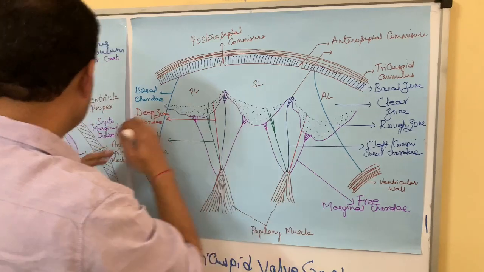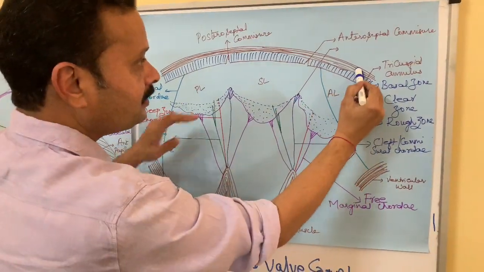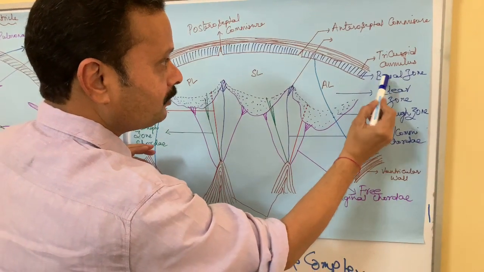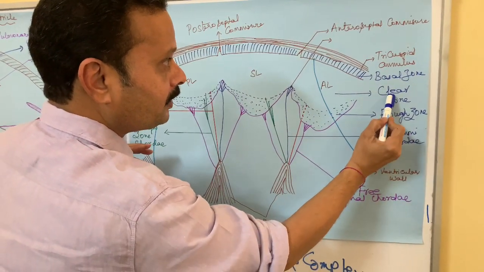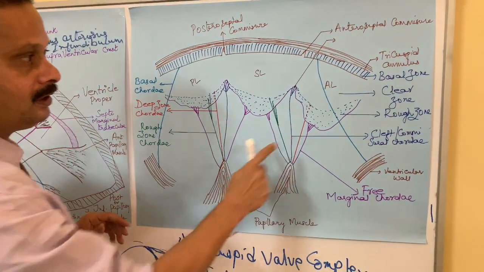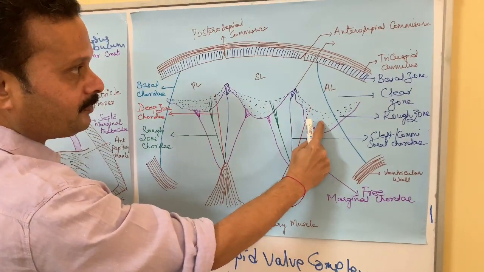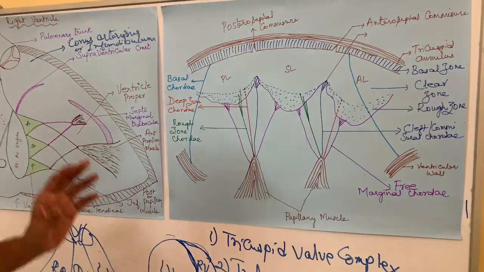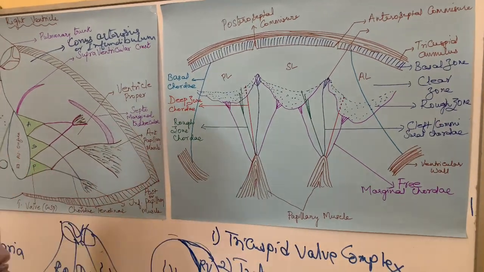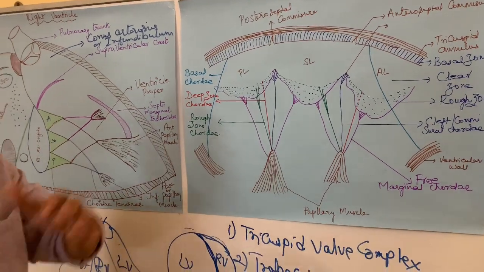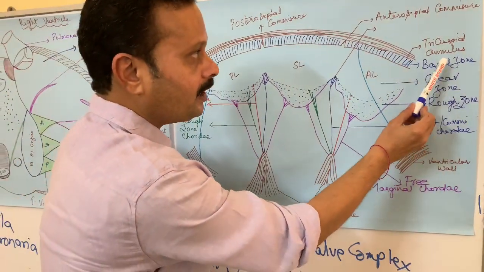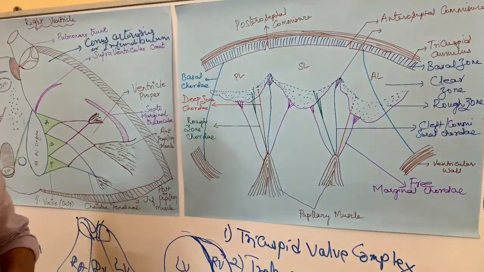Immediately to the tricuspid annulus, we find the valves being attached to it. So it is having 3 zones: a rough zone, the dotted ones here, a clear zone, and basal zone. Each valve is made up of 3 zones, from periphery towards the annulus: rough, clear, and basal zone.